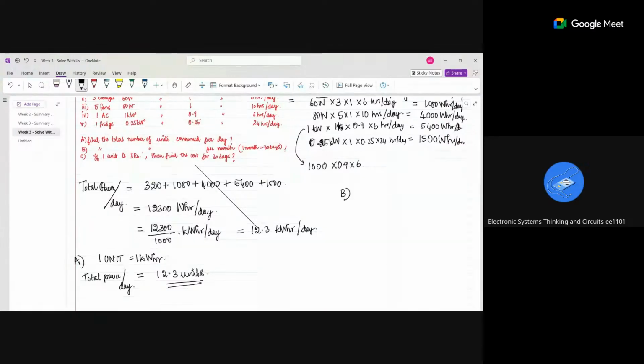What about B? Total power per month. Whatever I calculated for a day, into 30 days. 12.3 kilowatt hour per day into 30 days.